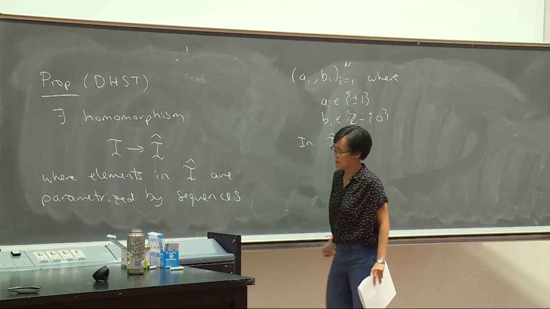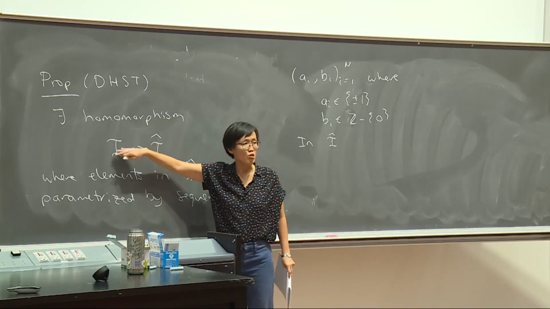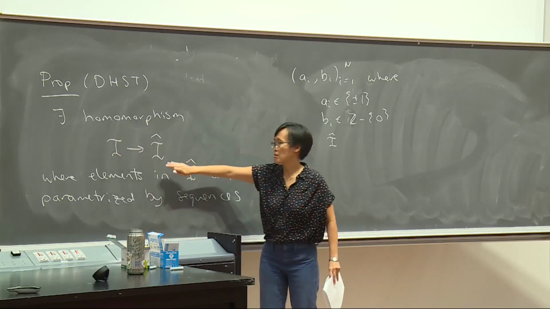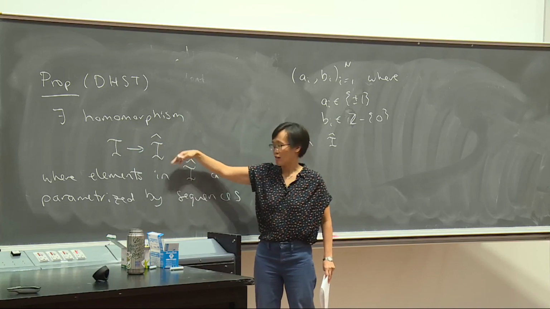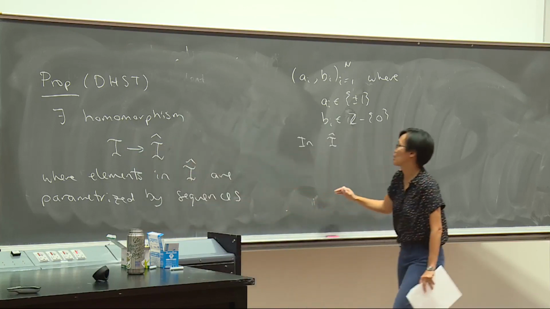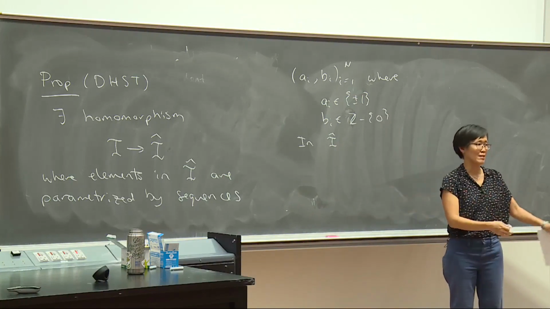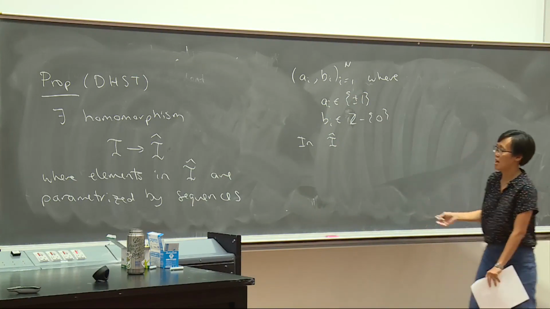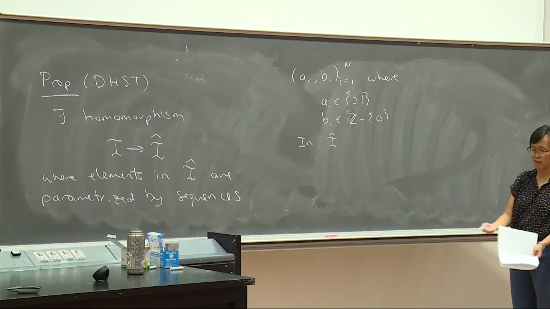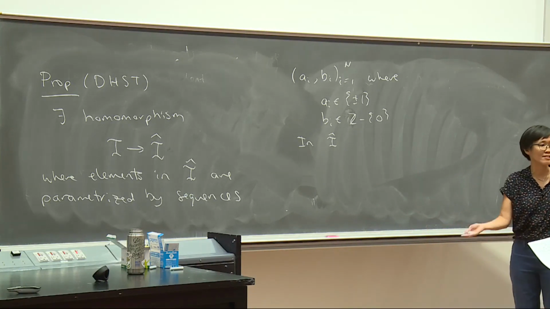Elements in I are equivalence classes of chain complexes. Similarly, elements in I hat are equivalence classes of chain complexes. Given a sequence, there's a way to convert it into some kind of standard chain complex. Then I can take the tensor product of those chain complexes, and it won't be in that nice standard form, but then I can massage it so it is.